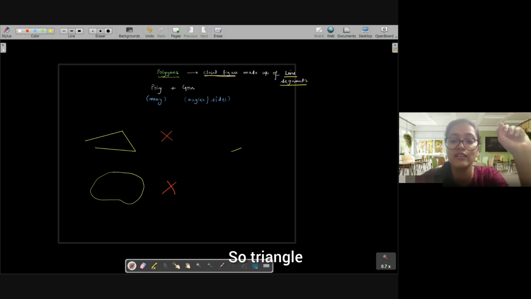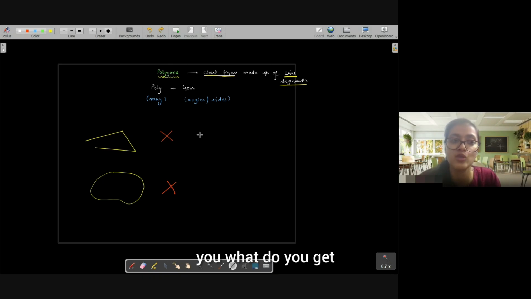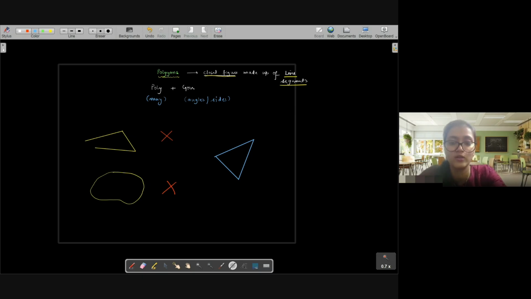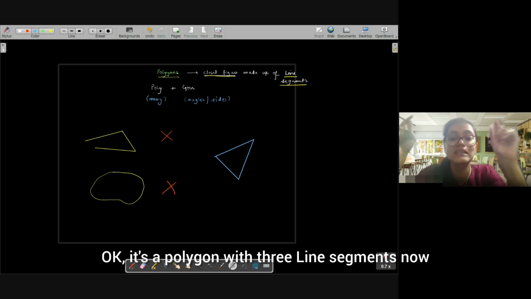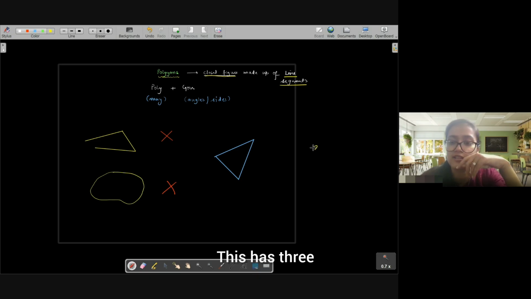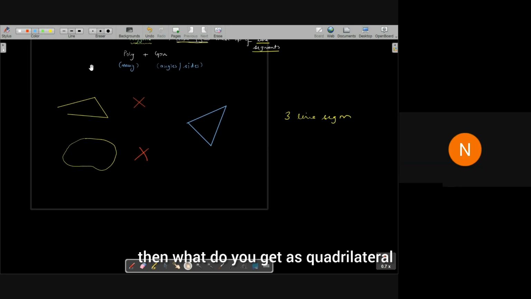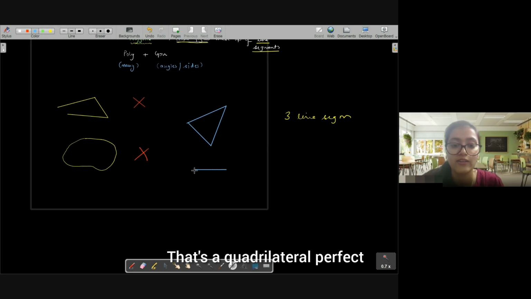If you have 3 line segments, you get a triangle, so a triangle is a polygon. If you take 4 line segments, then what do you get? A quadrilateral. Perfect.